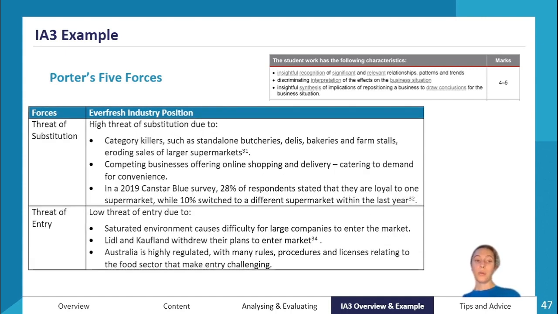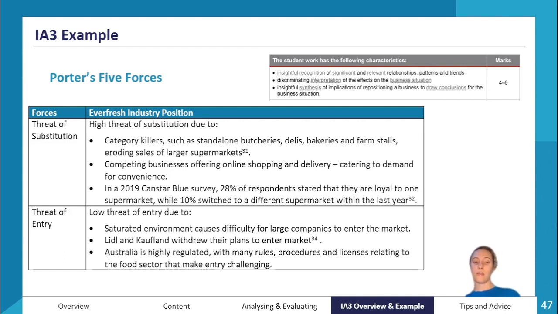And then the last two, we've got threat of substitution and threat of entry. So this can be information that is directly from the business. It can be research as well. So a feasibility report is going to involve research.